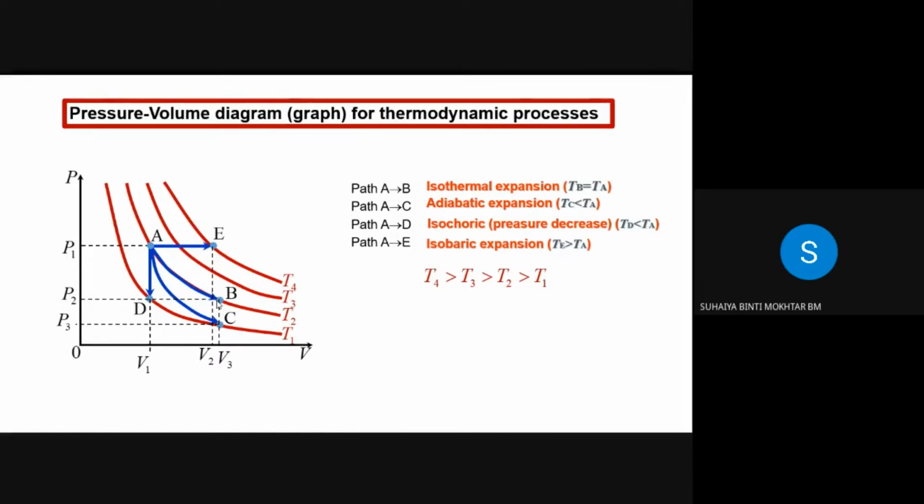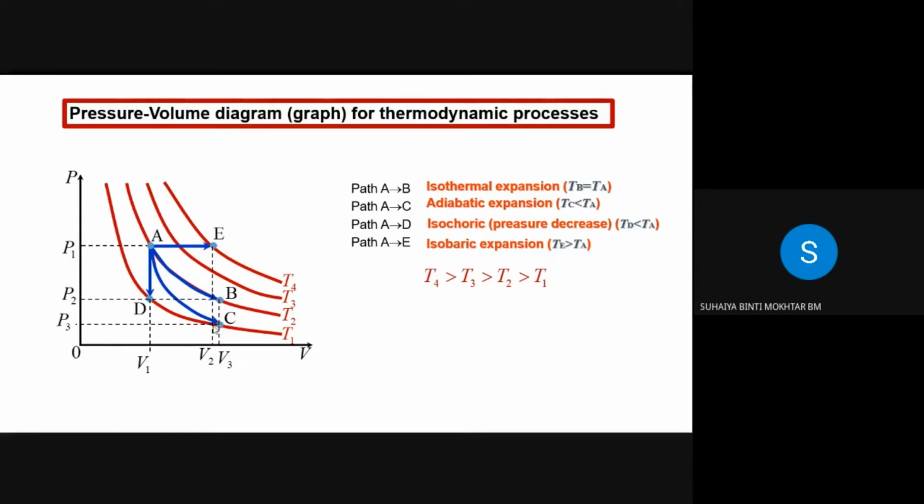Then process AC is adiabatic. Volume also increases here, so it is adiabatic expansion, and the work done should be positive.